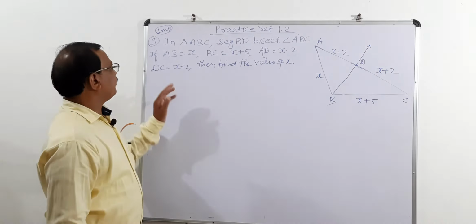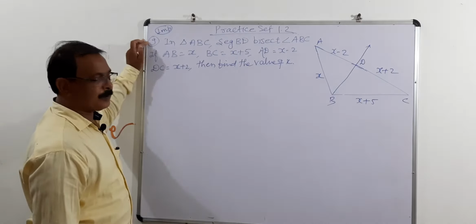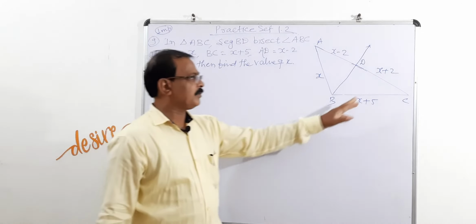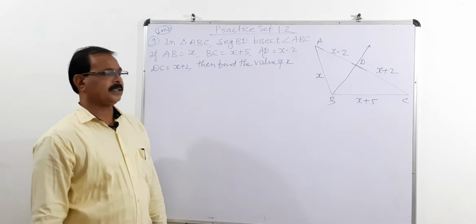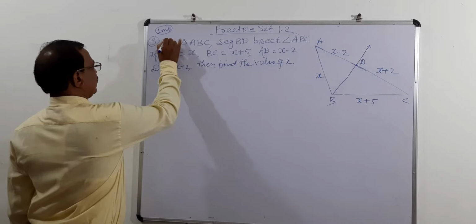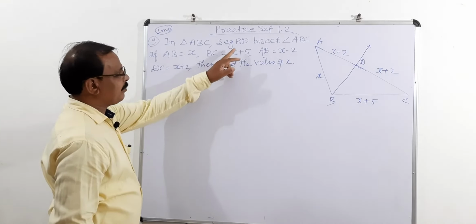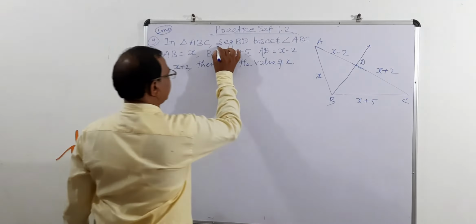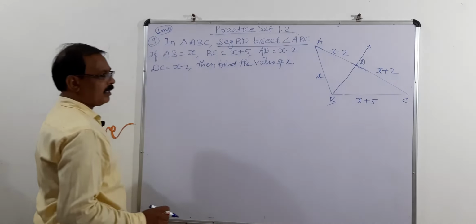Now look at this problem number 9. This problem is quite different because here the value is given in the form of x. It is not purely value is given to you. In triangle ABC, segment BD is a bisector. Segment BD is a bisector of angle ABC.